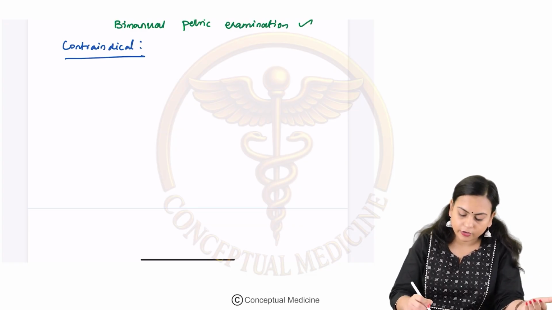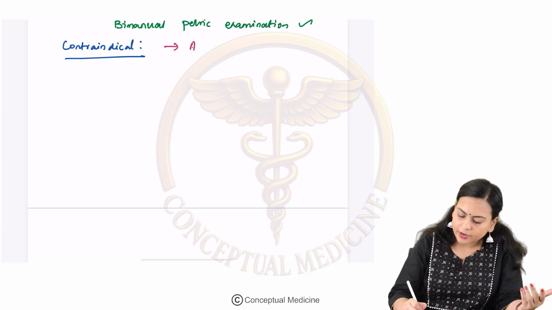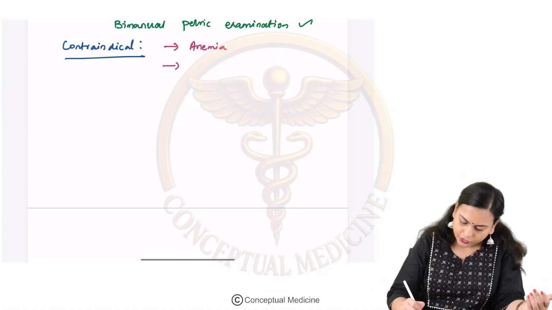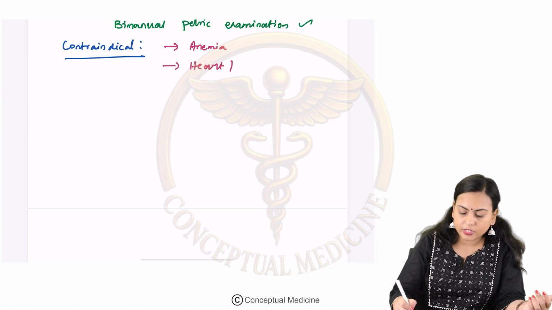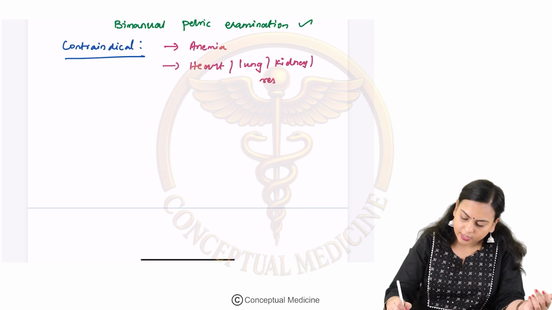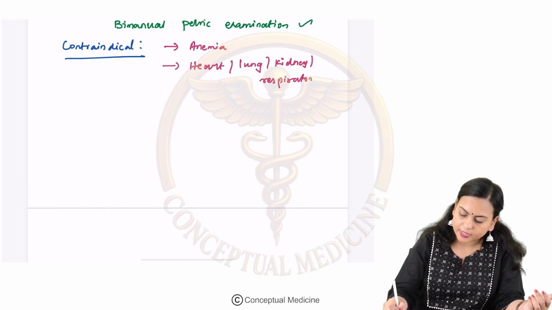See, there are so many contraindications. Suppose if the woman had already bled and she is already in a state of anemia, or if there is any heart disease or lung disease or a kidney disease or even respiratory disease, okay, that is compromising.